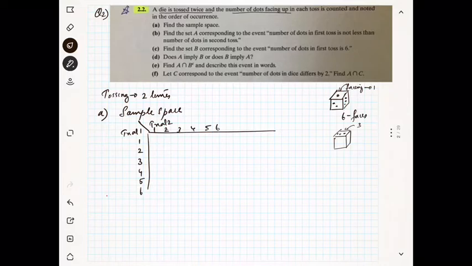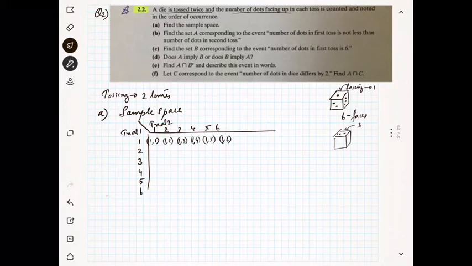So you may get something like 1, 1; 1, 2; 1, 3; 1, 4; 1, 5; 1, 6. That means in the first trial you may get 1 and in the second trial you may get 1.